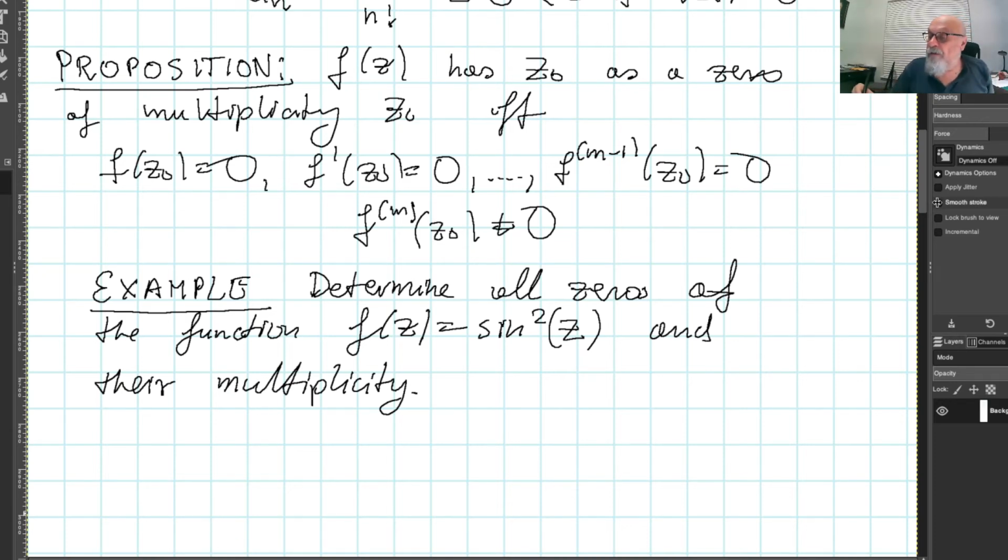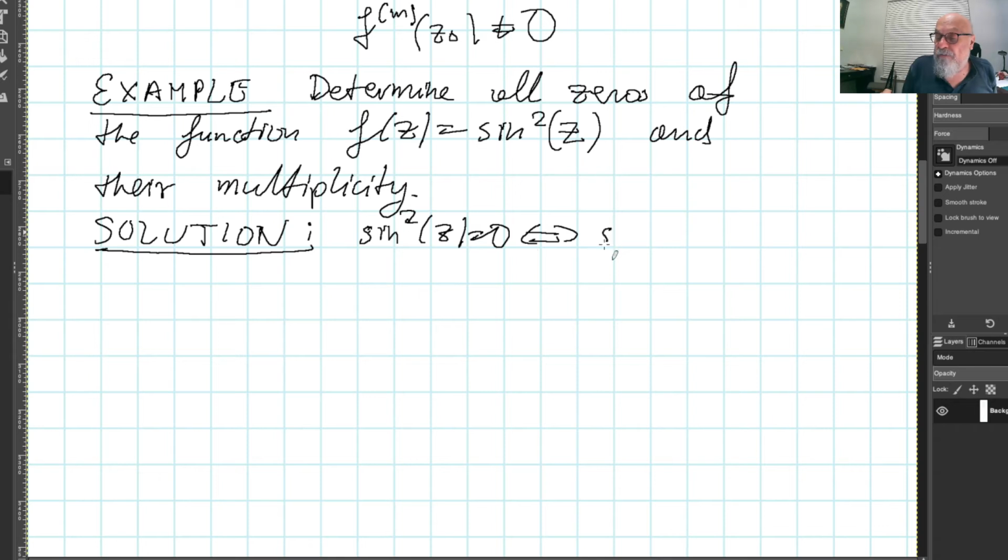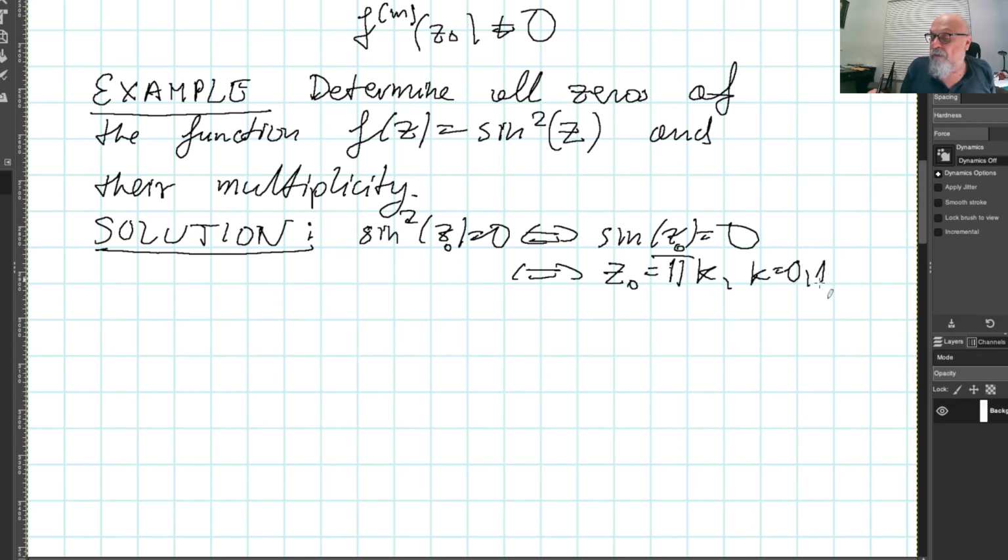So let's do it. We have the immediate observation that sine square of z is equal to 0 if and only if sine of z is equal to 0, and this is if and only if z equals pi k, where k is 0, plus or minus 1, plus or minus 2, etc. So there are infinitely many zeros.